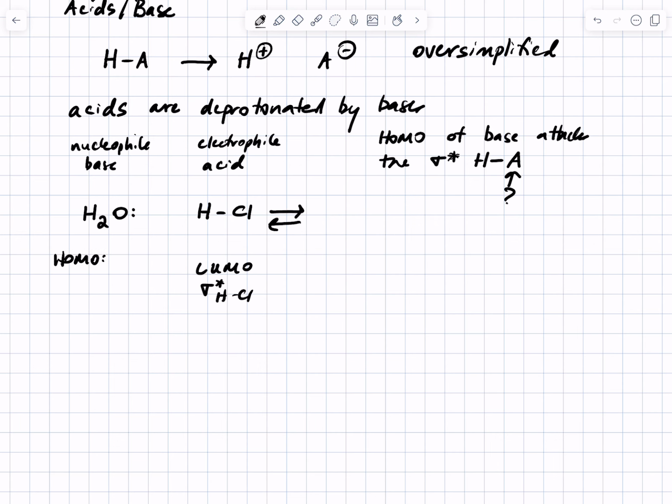Lone pairs, good. So the way we will draw the mechanism of this reaction, the way you can predict an acid-base reaction happening, is the lone pairs attack the hydrogen chloride sigma star at the hydrogen. We make a new bond between oxygen and hydrogen. Because we've dumped electrons into a sigma star, we break the hydrogen chloride bond, and the electrons from that bond go out onto chloride.